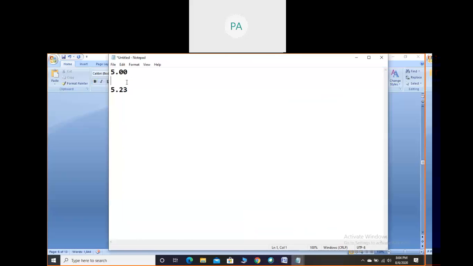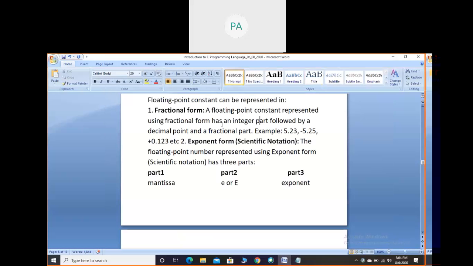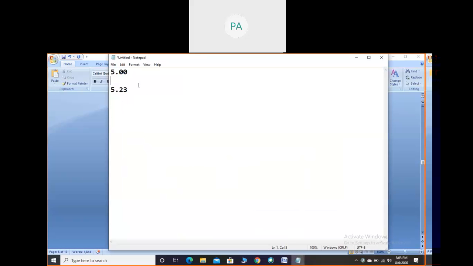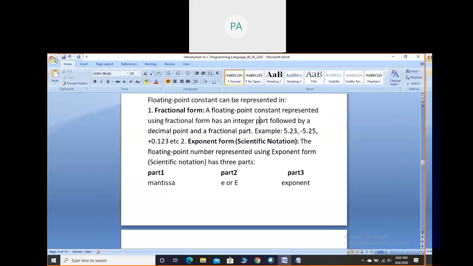Here in this example, 5 is an integer part, decimal point, that is dot, 00 is the fractional part. Again 5 is an integer part, decimal point, 23 is the fractional part. So these types of numbers are called floating point numbers. Here given the example, it can be either positive or negative.